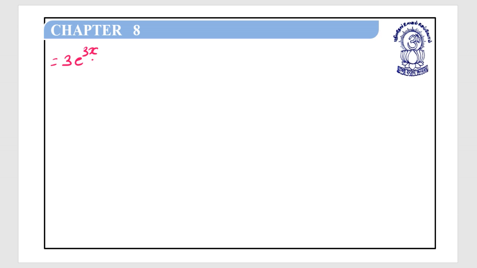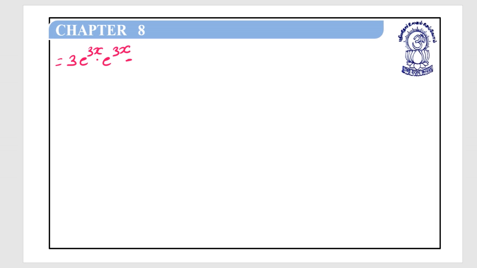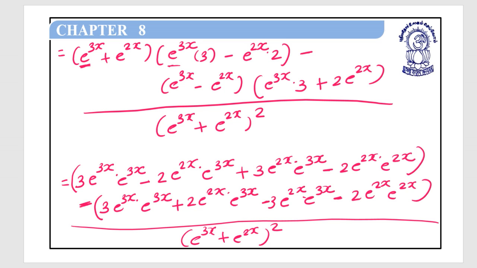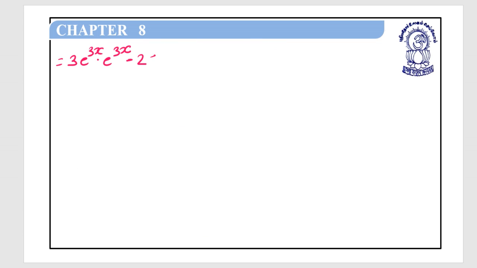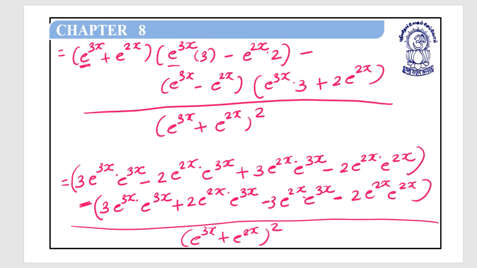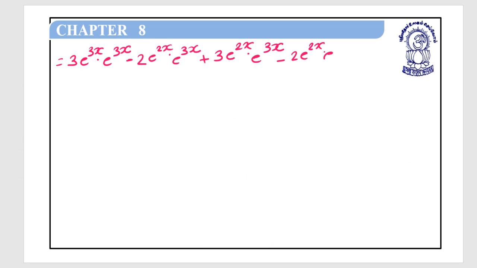Three e raised to 3x into e raised to 3x, minus 2 e raised to 2x into e raised to 3x, plus 3 e raised to 2x into e raised to 3x, minus 2 e raised to 2x into e raised to 2x.